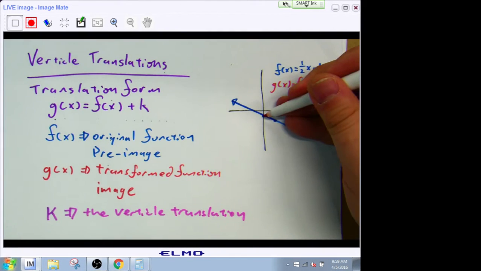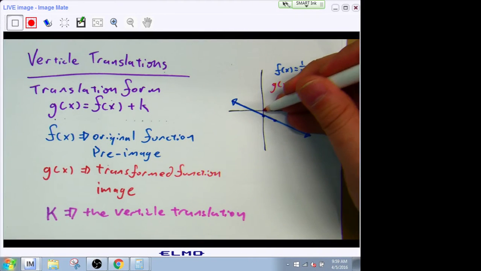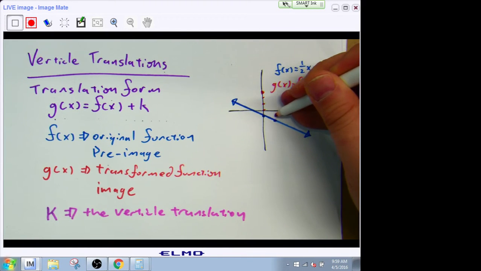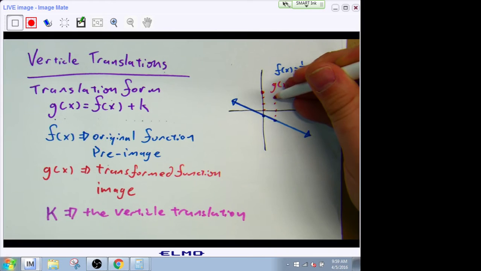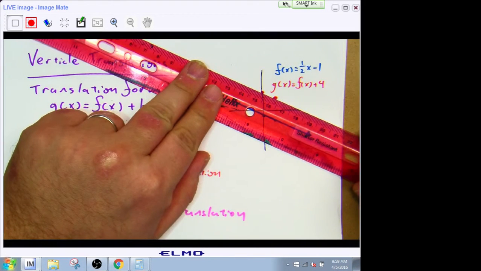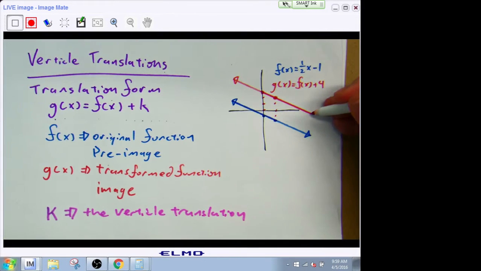So I have to take my f of x and vertically translate it plus 4. So I go up 1, 2, 3, 4 to here. And likewise here, 1, 2, 3, 4 to here. I have 2 points. I can now draw my g of x. And it looks a little something like that. Okay.